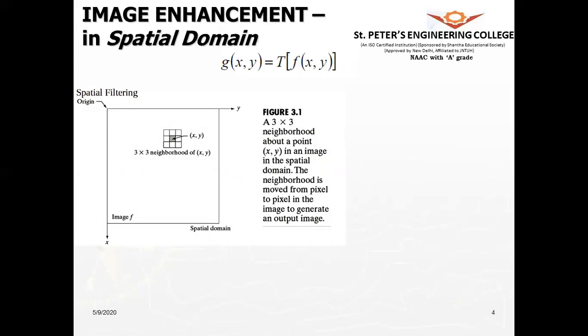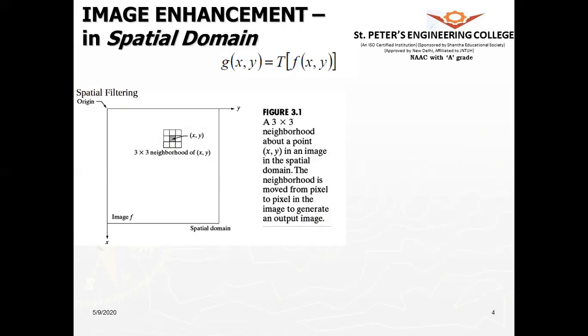When we perform an operation using this kind of a mask, we try to evaluate the neighbors of this particular pixel. We perform some operations such as filtering and then move on to the next point, and so on. This we call spatial filtering.